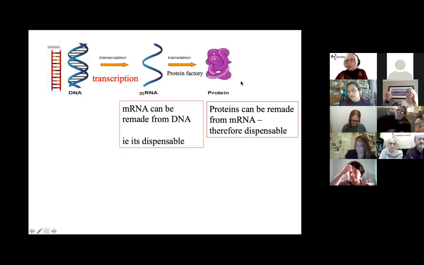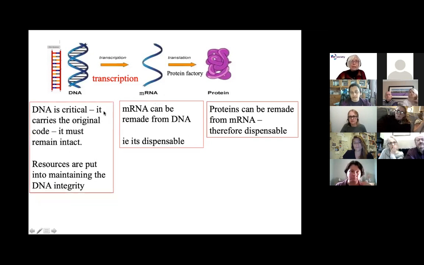Proteins can be remade, they're dispensable. But you can't make another protein from one protein, you have to go back here. Similarly with messenger RNA. So these both are dispensable, but what really matters is your DNA. That's what's critical, because that's the molecule that carries all the information to make that cell what it is.